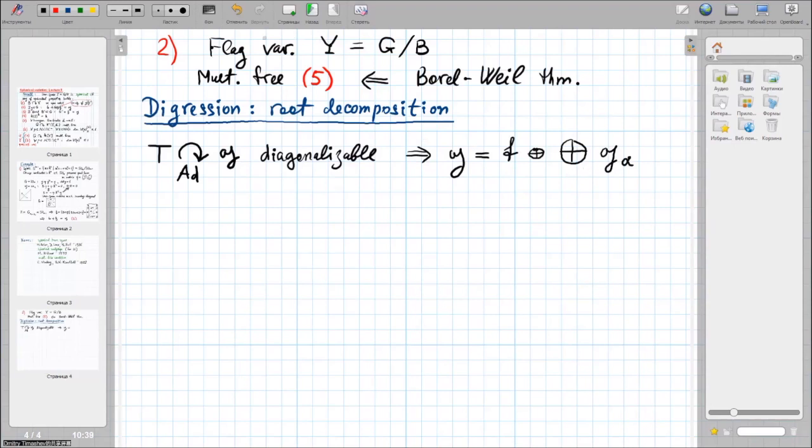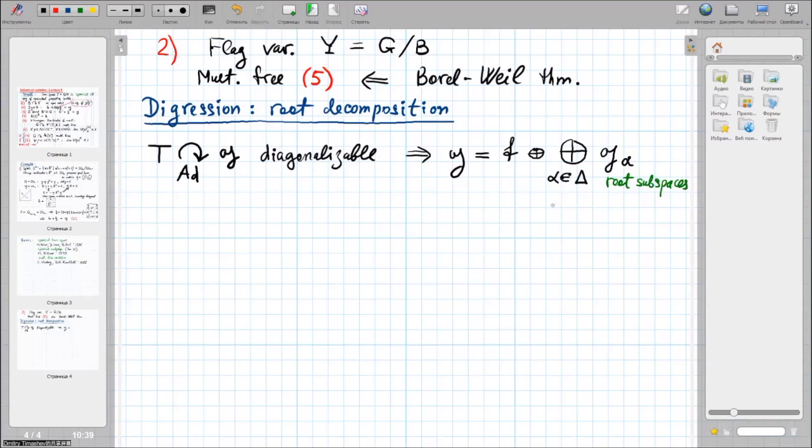These eigenspaces are called root subspaces, and their eigenweights alpha are called roots. They run over a finite set of characters of T.